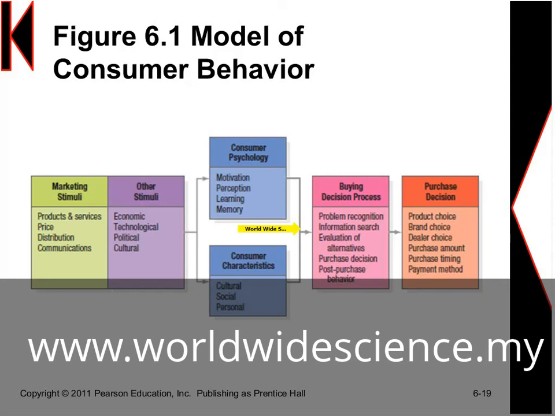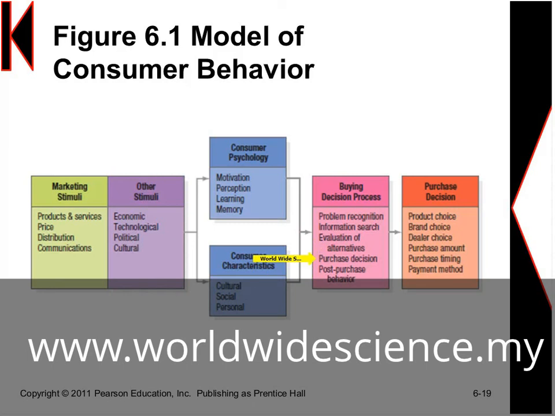In this case, the buying decision process means problem recognition, information search, evaluation. It means the consumer first should recognize a problem in his or her life. After that, gathering information and finding some alternatives, then purchase decision and post-purchase behavior.